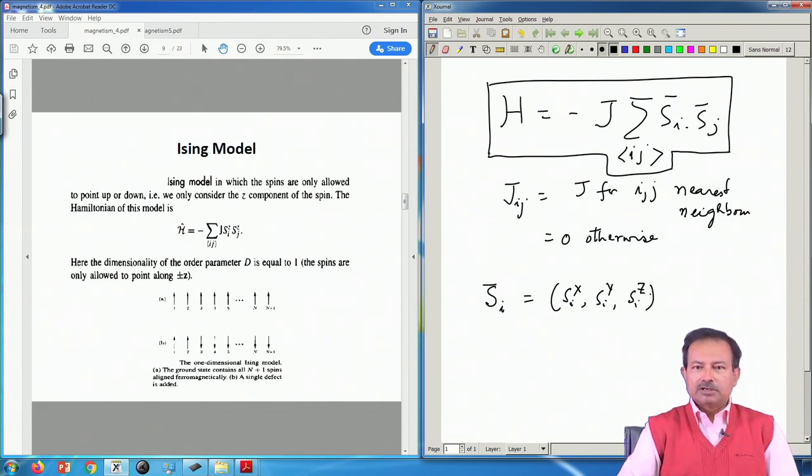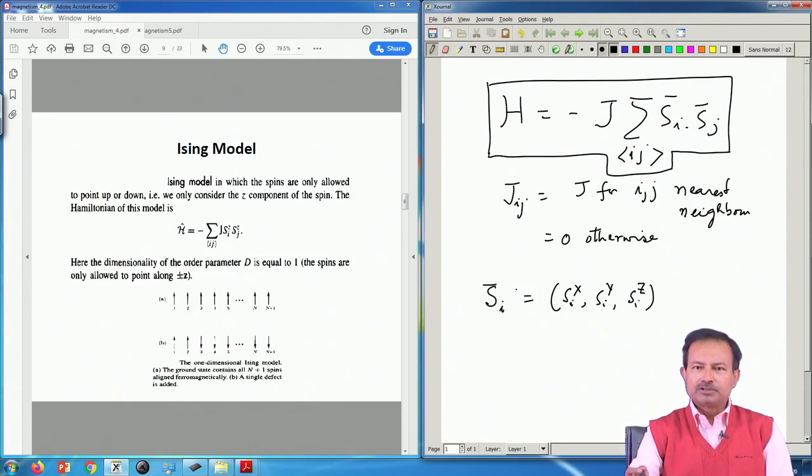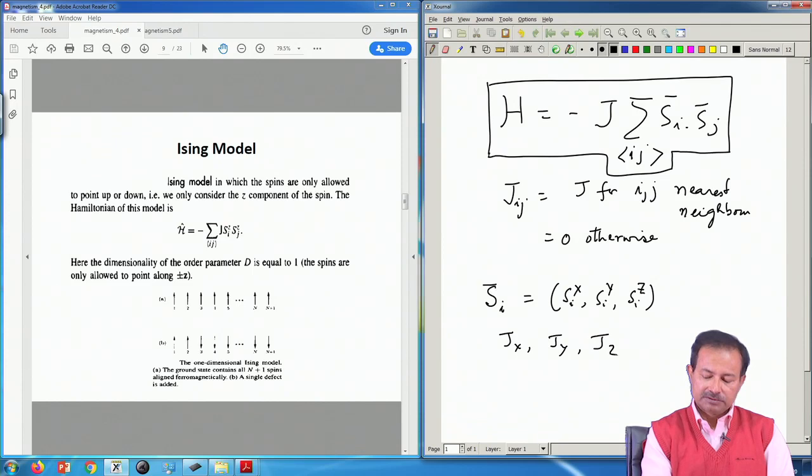Even in a one dimensional lattice, spins can have all components. So, you can define a Heisenberg model on a one dimensional lattice. The components of spin have nothing to do with the dimension of the real lattice in which the spins are embedded. So, these two things have to be separated. Two pieces of information are required. One is how many components of spin are relevant and what are the corresponding J_x, J_y and J_z.